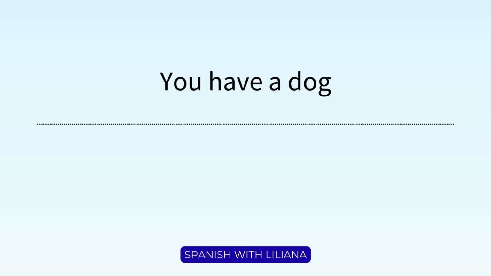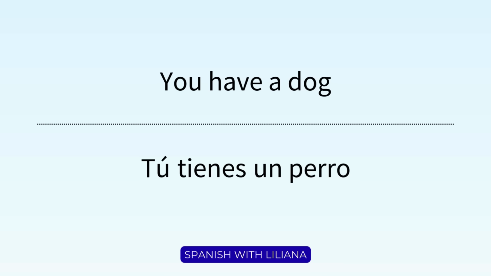How do you say in Spanish, you have a dog? The informal you is tú. Tú. And the verb is conjugated as tienes. Tú tienes. You have. A dog is un perro. Tú tienes un perro.